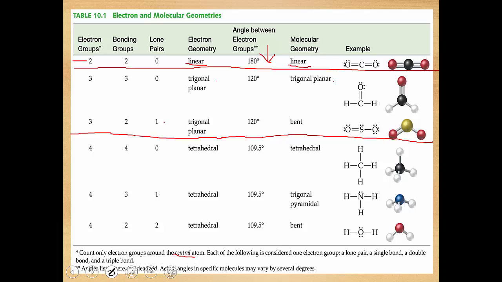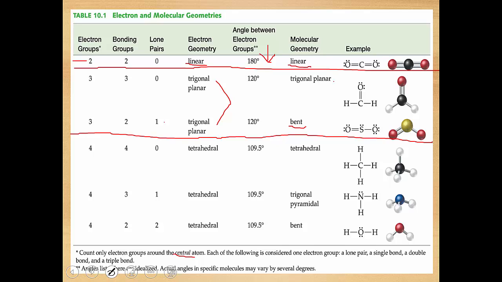But I can have a lone pair, in which case, notice now, it doesn't matter to the electron geometry how many lone pairs I have. Electron geometry is only based on number of electron groups. 3 electron groups, electron geometry is always trigonal planar. But the molecular geometry will change.